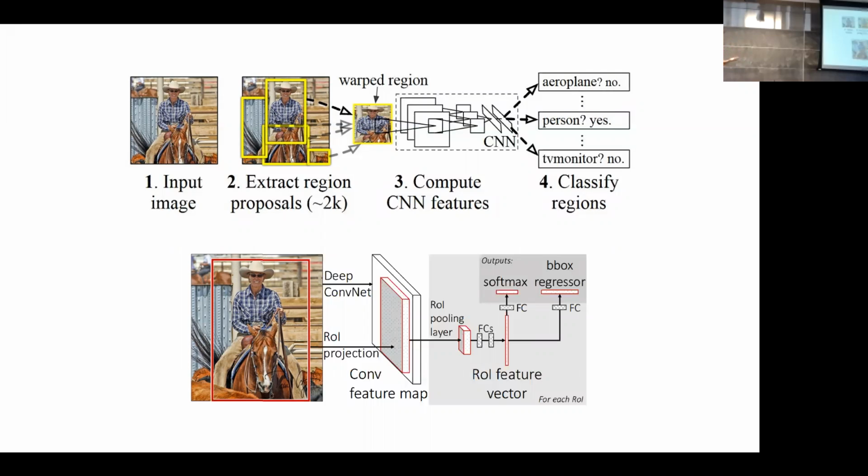They first use a proposal selection method, and then for every proposal they use the warped image and run the convolutional neural net on each one. If you're familiar with region proposal networks, you can already see that doing this for each proposed region will be very time consuming.